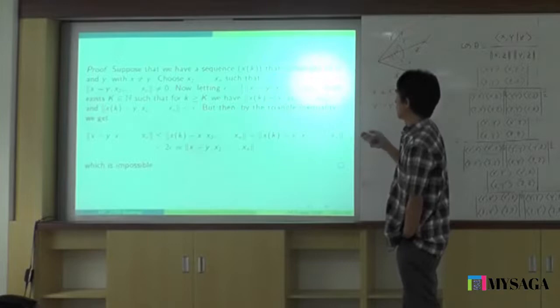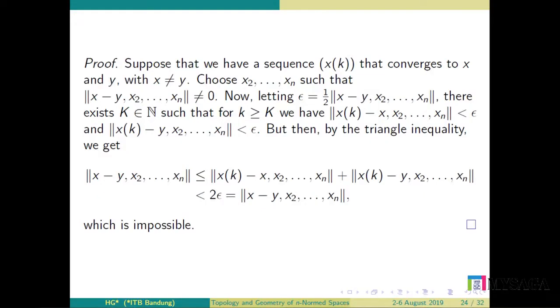By supposing that the sequence converges to two vectors, x and y, with x distinct from y, we can choose x2 up to xn such that this n-norm is not 0.